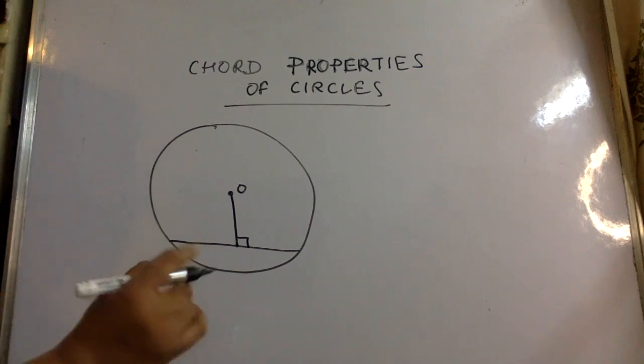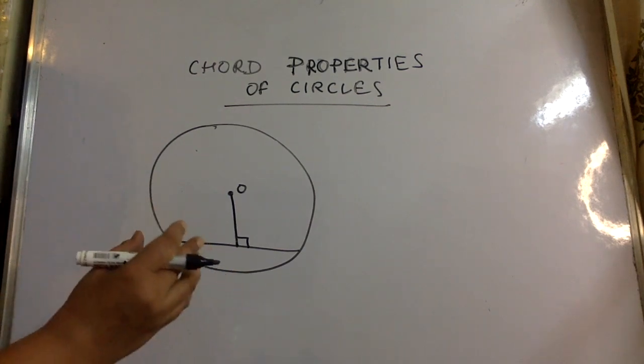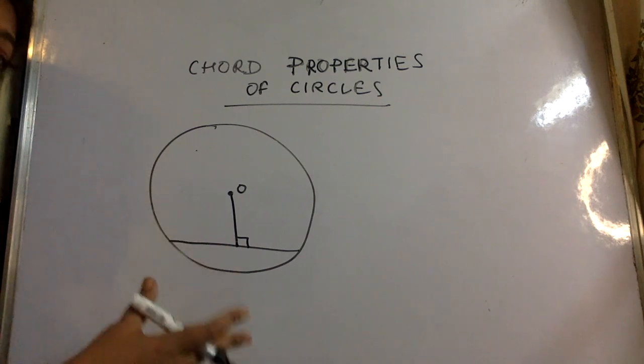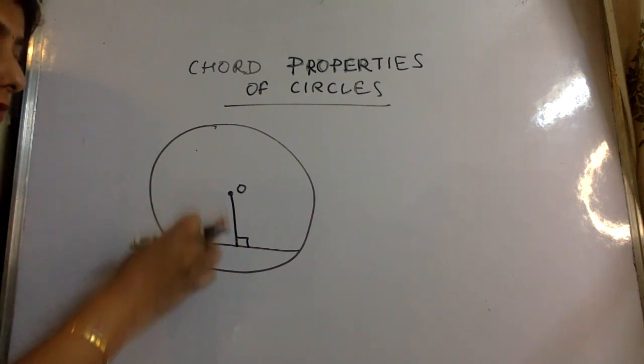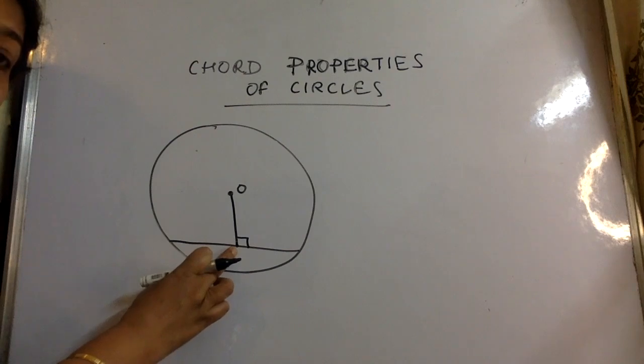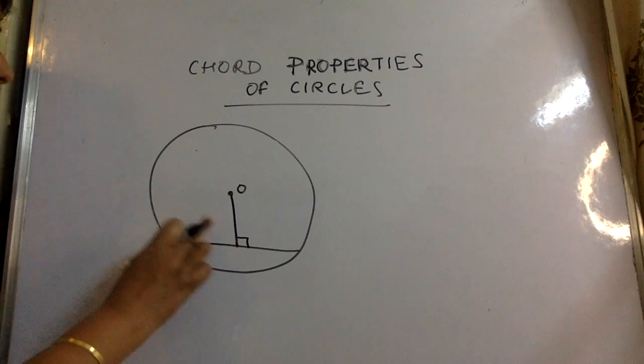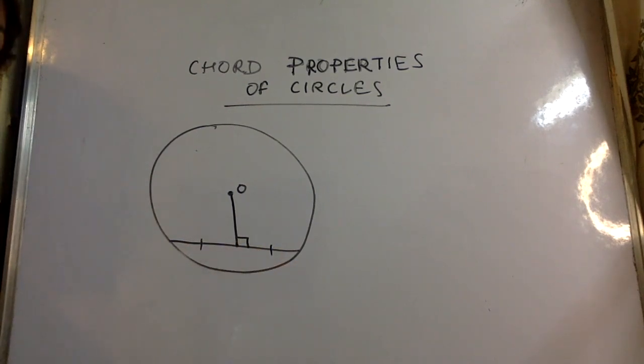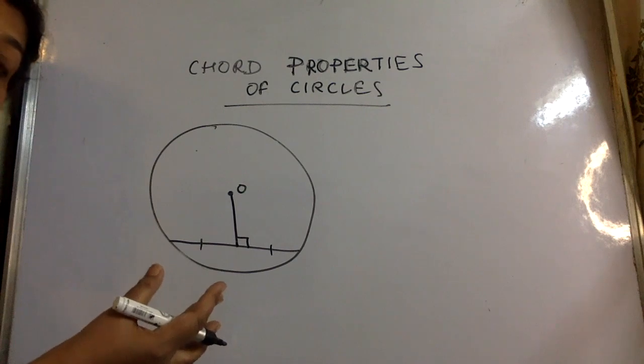In geometry you have to be very clear about what is given and what is coming as a result. Given here is coming from the center and perpendicular to the chord, and as a result we are bisecting the chord. So this is the chord property of a circle.